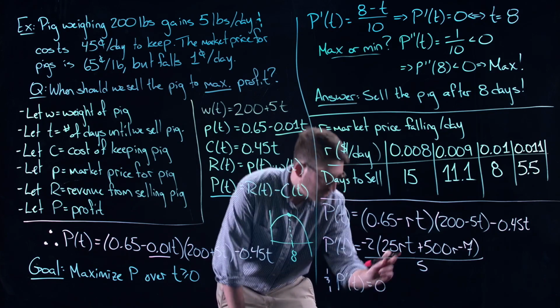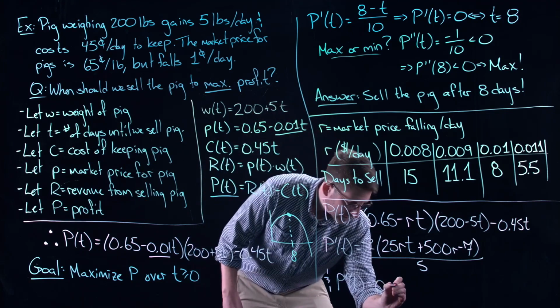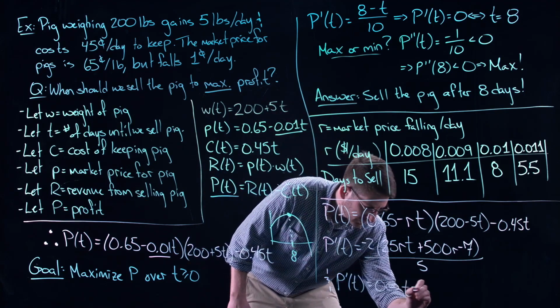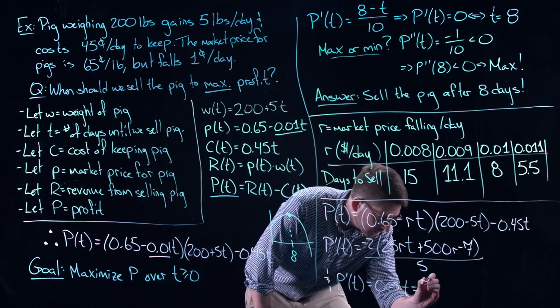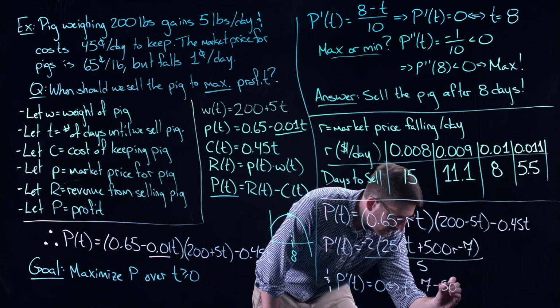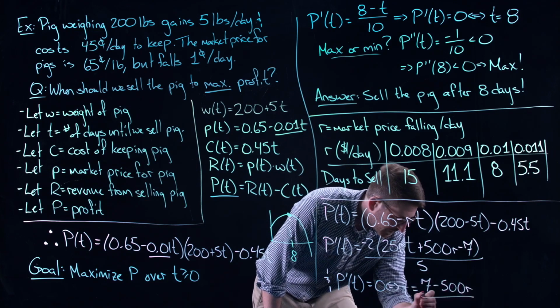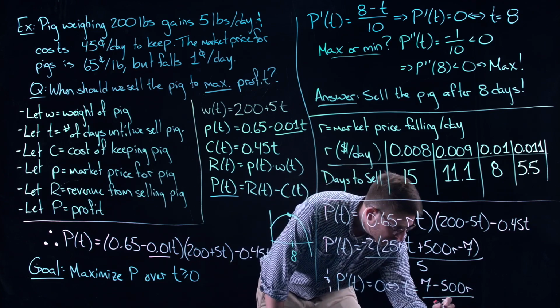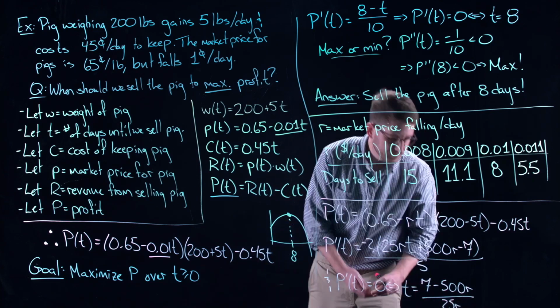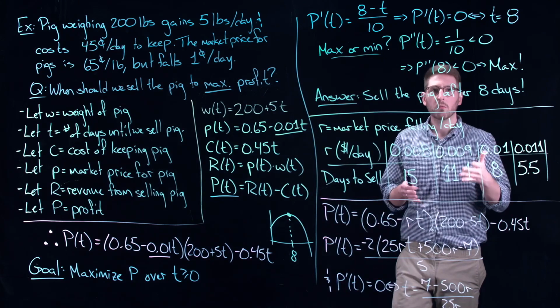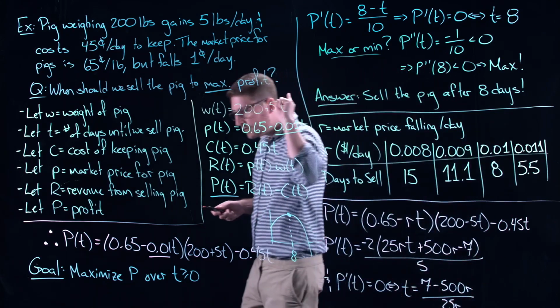Well, you can back solve for t. This gives you, as a function of r, t equals 7 minus 500r divided by 25r. That is a general formula.